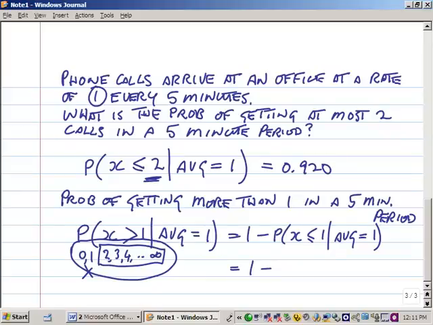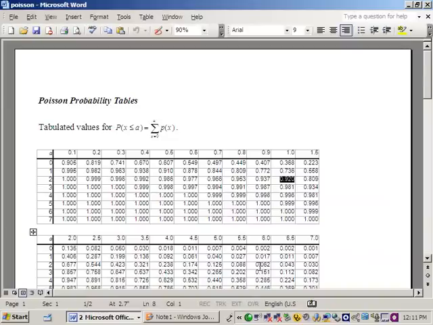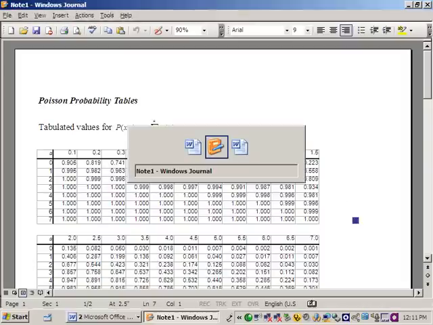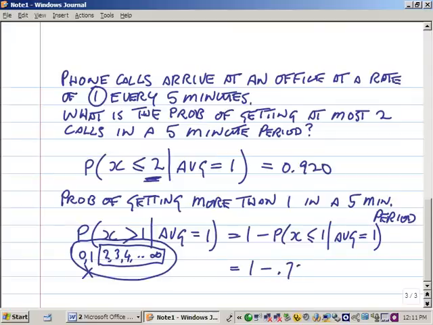We go to our tables, average of 1, less than or equal to 1, and that's this value here, 0.736. So the answer to our question is 0.264, I believe.